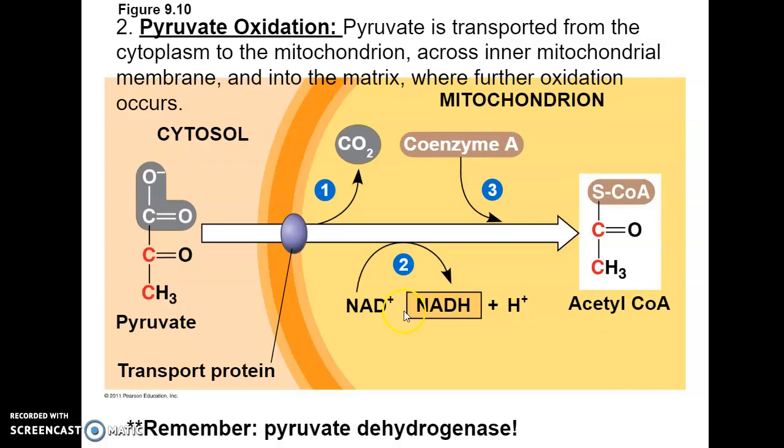And that happens via a series of reactions involving a series of different enzymes, okay? And all of those enzymes will come together to form what we call the pyruvate dehydrogenase complex, and it's a multi-enzyme complex. So pyruvate dehydrogenase complex is a very important enzyme for you to remember.